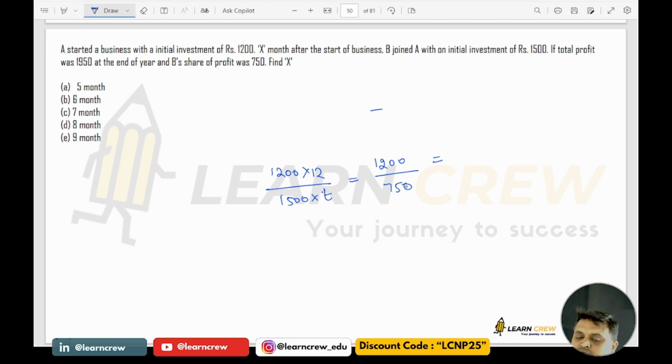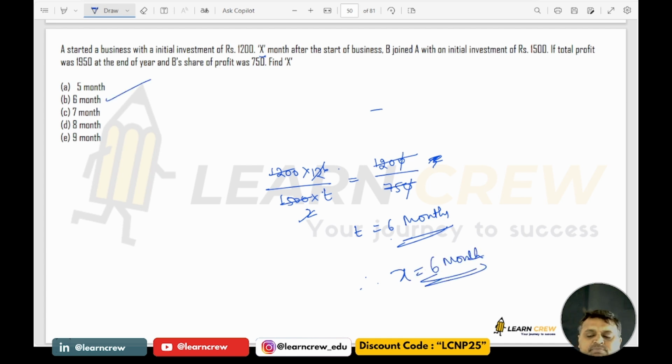Now from this, the zeros cancel, 1200 cancels, and 750 two times cancels, so T is 6 months. B's capital is used for 6 months. So the question is, find X: after how many months did he join? 6 months.